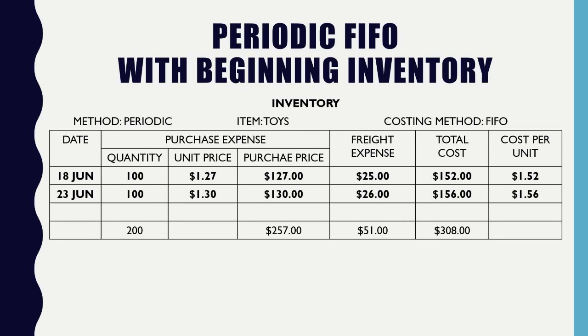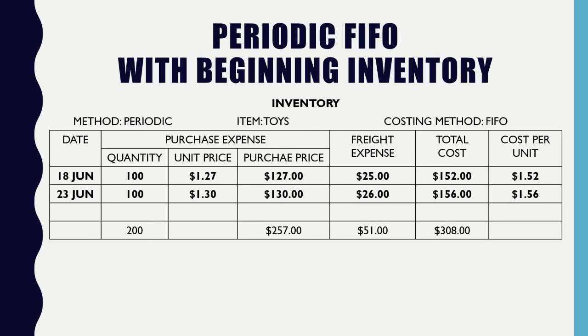So we have a total of $127 in purchase price. Then we're going to be recognizing that we had $25 of freight, which gave us a total of $152. And by taking that 152 divided by the number of units or quantity that we had, you're going to get that each item is going to cost you $1.52.